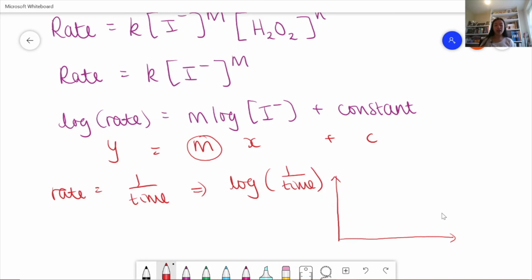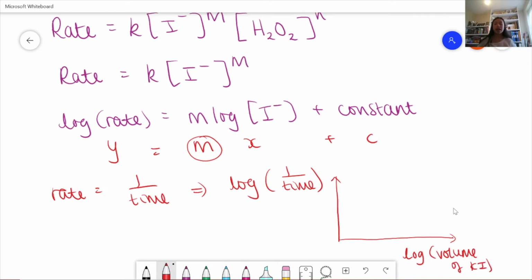So the concentration of I minus can be represented by the volume of the potassium iodide solution. And so we plot log of the volume of potassium iodide on this x-axis. And what we should get is an order of 1.